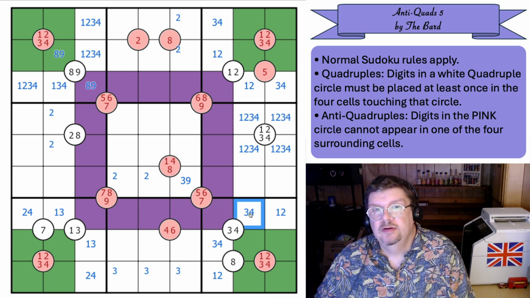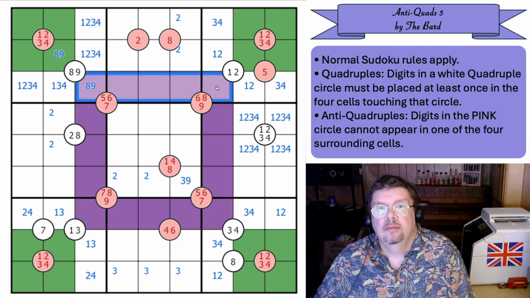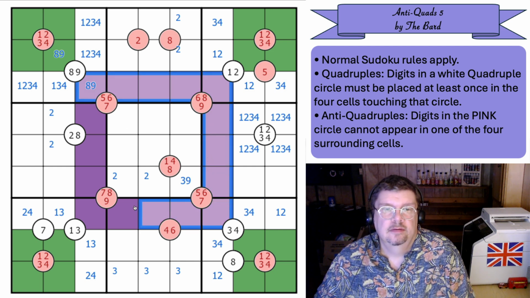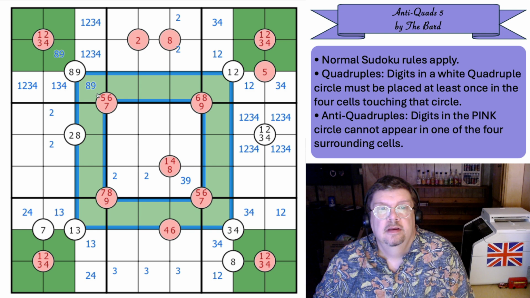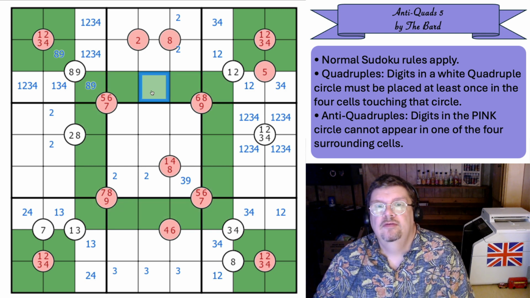Okay, this digit here doesn't go there, therefore it goes there, and it's not that one, it's that one. My greens and purples are where 1s, 2s, 3s, and 4s cannot go. So because I actually know the pattern, I am going to change this purple to be green, and green is now where 1s, 2s, 3s, and 4s can't go.